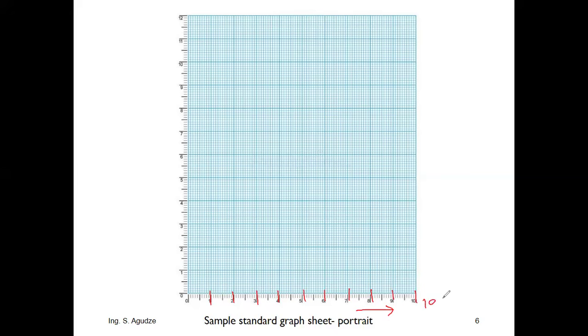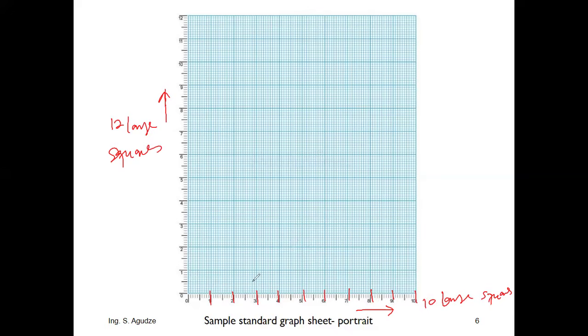So you have 10 large squares in this direction, and vertically, if you count them, you have 12 large squares. Essentially, this is the standard graph sheet we have on the market.